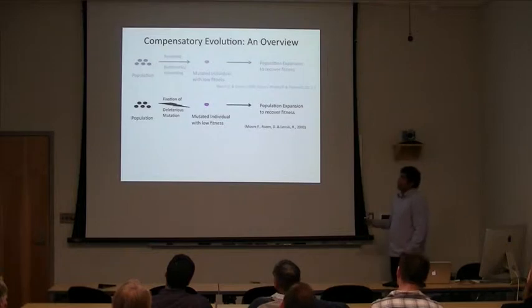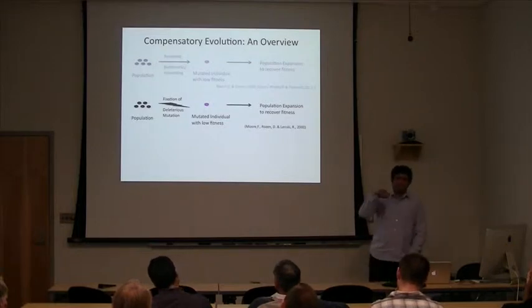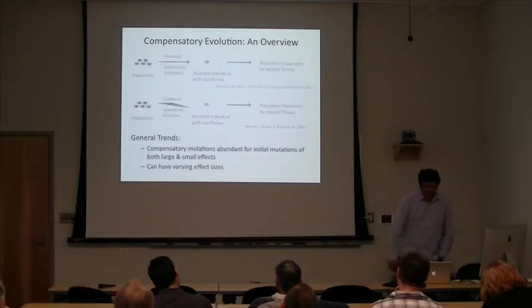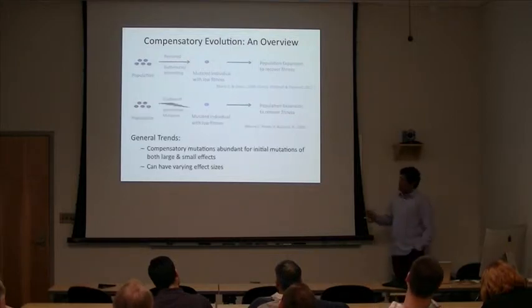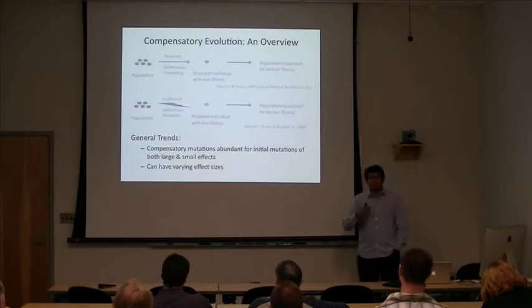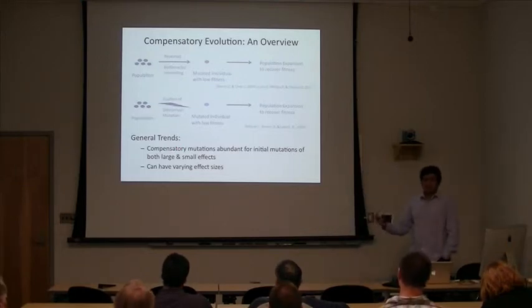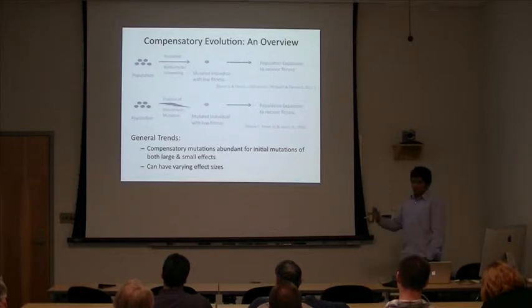Or you can introduce fixed or known mutations into an organism and get mutated individuals and let them expand and recover fitness. A few general trends. You have compensatory mutations that can arise for initial mutations of either small or large effects, and these can have varying effect sizes.